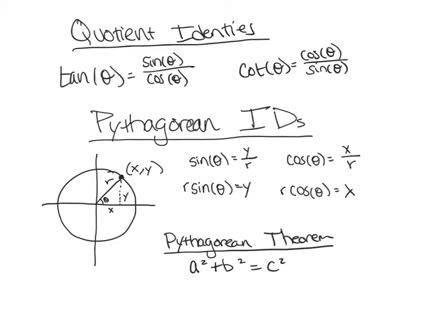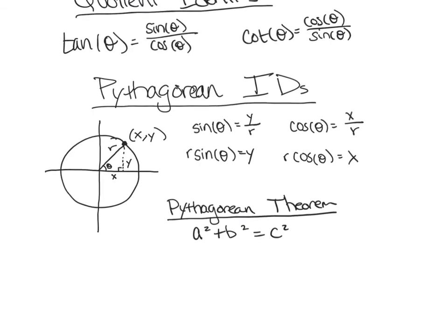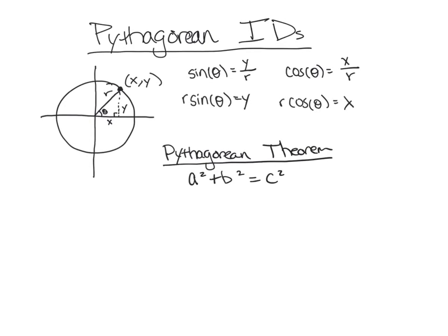And it's very lucky for us that if we head back to our circle, we have already created a right triangle there. But instead of using a, b, and c, we have the side lengths of x, y, and r. So we'll have x squared plus y squared is equal to r squared.